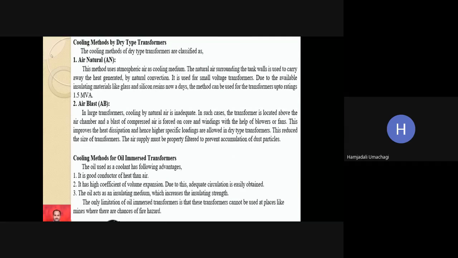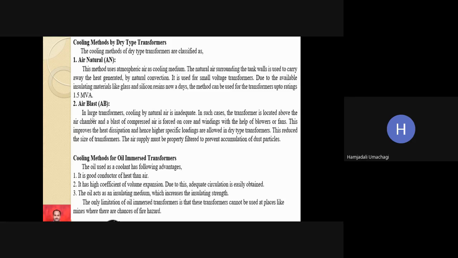In large transformers, cooling by natural air is inadequate. In such cases, the transformer is located above the air chamber and a blast of compressed air is forced on the core and windings with the help of blowers or fans. So here we are going to condition the air.